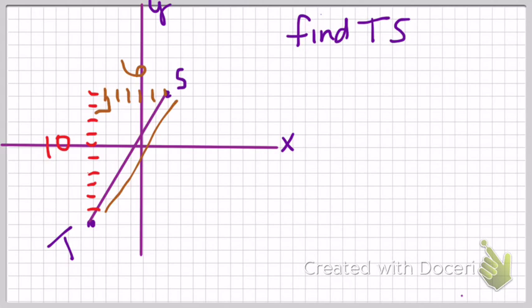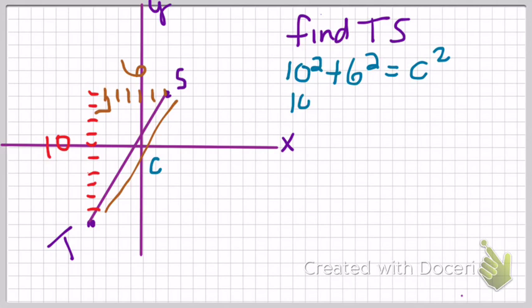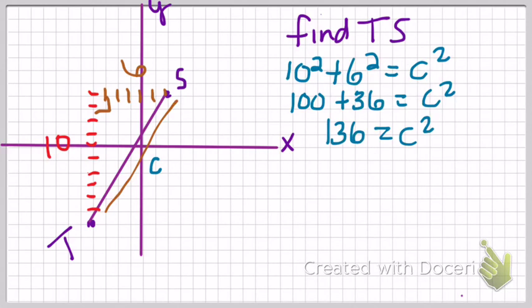So I'm going to say 10 squared plus 6 squared equals c squared, Pythagorean theorem. So we get 100, now what do we do here? c squared equals 136.